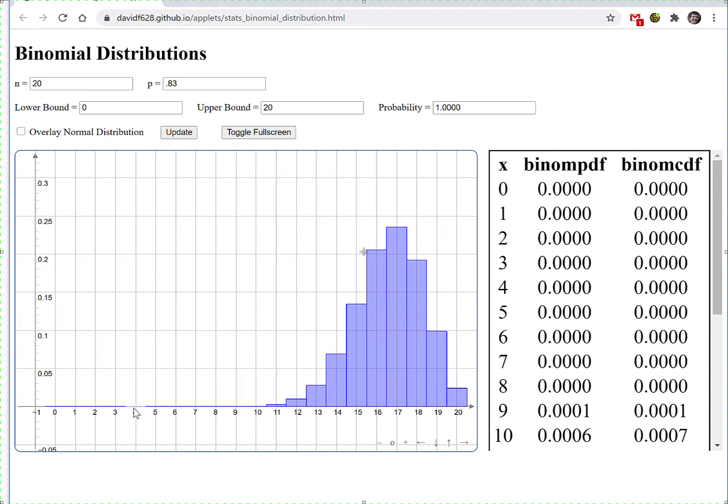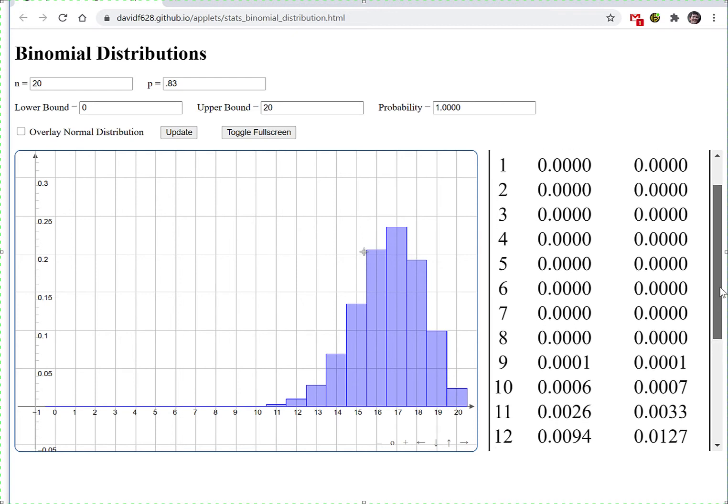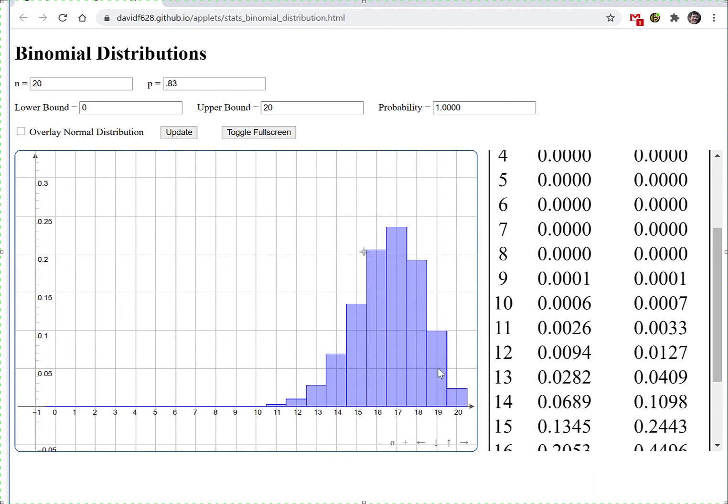So these are the probabilities for each number of trials. Notice they're all very small. In fact, Binompdf rounds to 4 decimal places of 0 in all of those cases. It isn't until you get to 9 and 10 trials where Binompdf has some probability. But then you have your probabilities increase greatly off to the side here, and then they kind of dip down again.